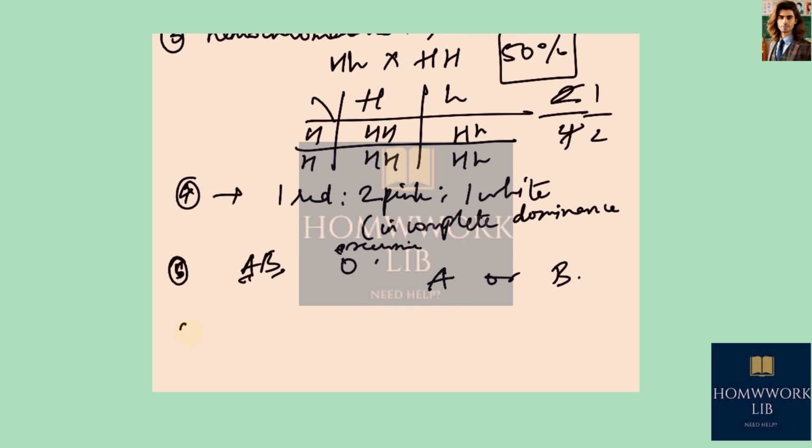Coming to 6th question, a woman with A blood type and a man with B blood type could potentially have the following blood types.